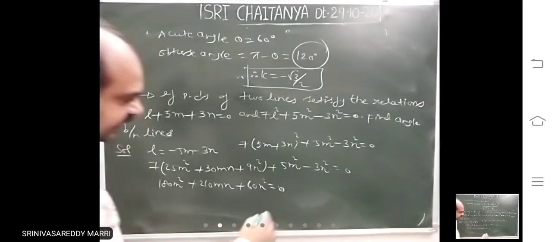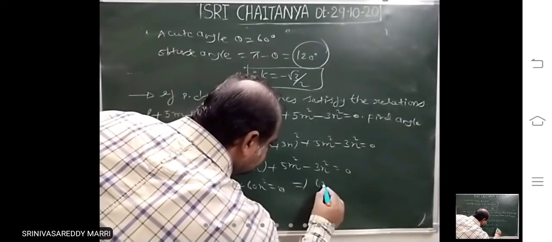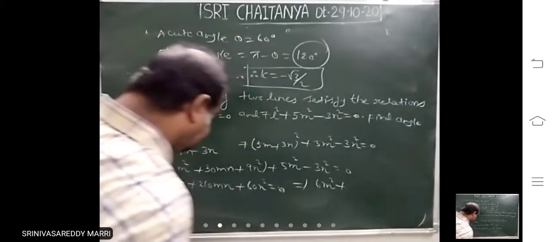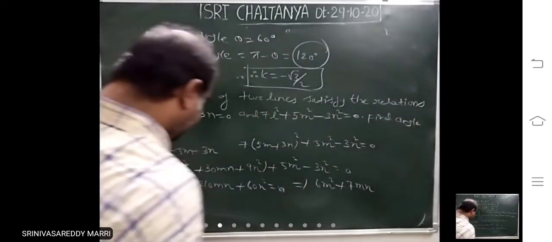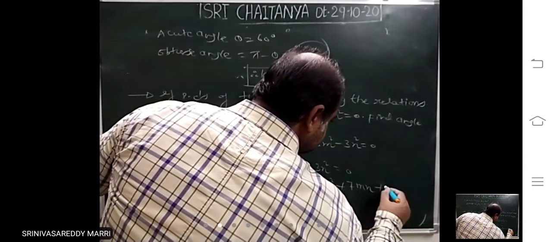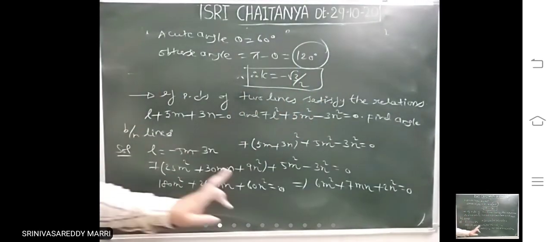Now strike off 30, 30 is common. That means you will get 6m square plus 7mn plus n square. So this is like a quadratic.